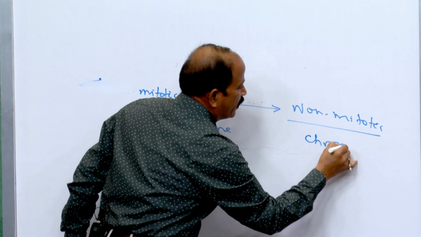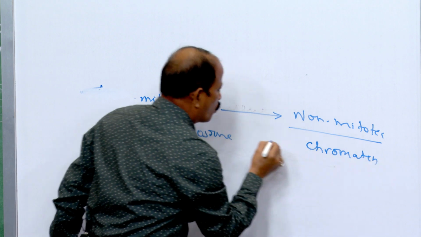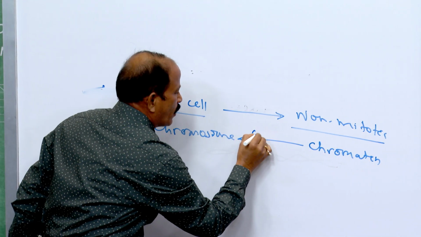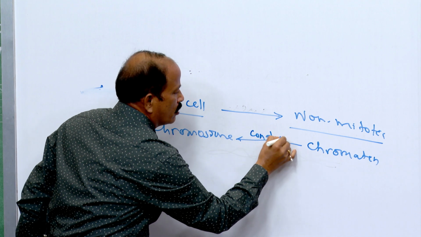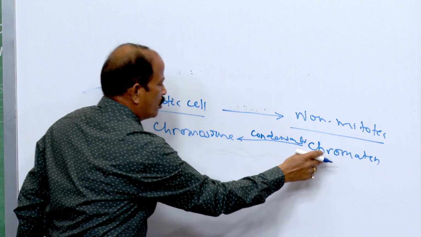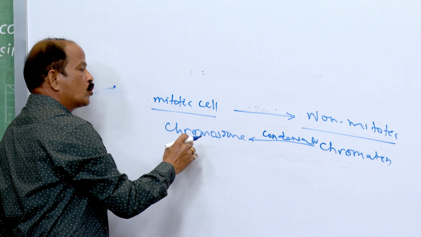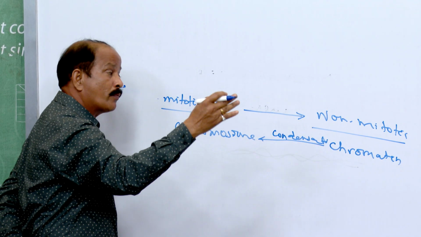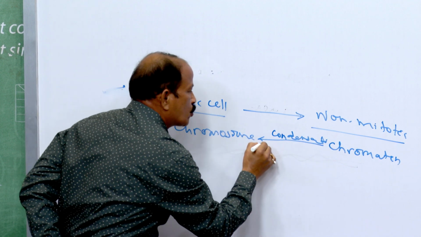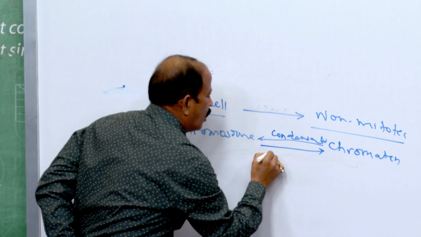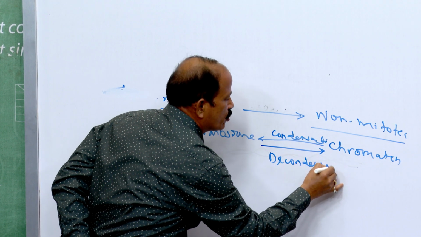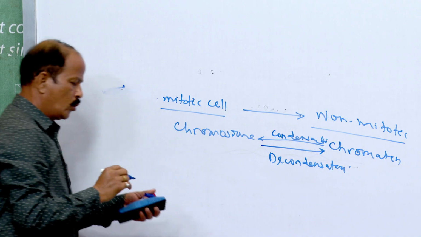So chromatin is the extended form and chromosome is the condensed form. By way of condensation, chromatin gives rise to chromosomes, and chromosomes become distinct during the time of division, that is during mitosis or meiosis. But as the cell division is over, they undergo decondensation and become chromatin.